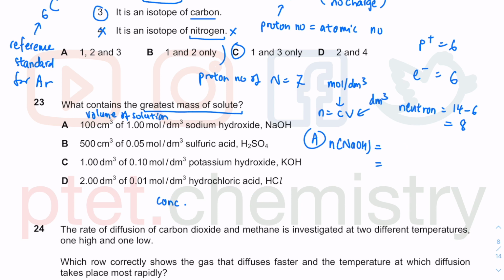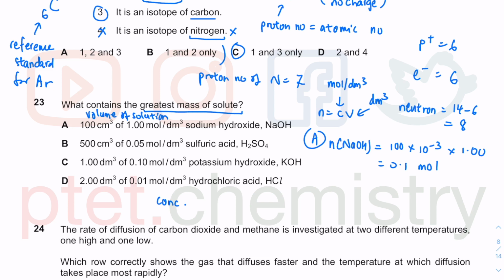So if I just sub it in now, 100 times 10 to the minus 3, this is for the volume in cm cube, times 10 to the minus 3 is exp minus 3 on your calculator to convert the 100 cm cube into dm cube. 100 times 10 to the minus 3 is the same as 100 divided by 1000, multiplied by 1.00 mole per dm cube, and I get 0.1 mole.